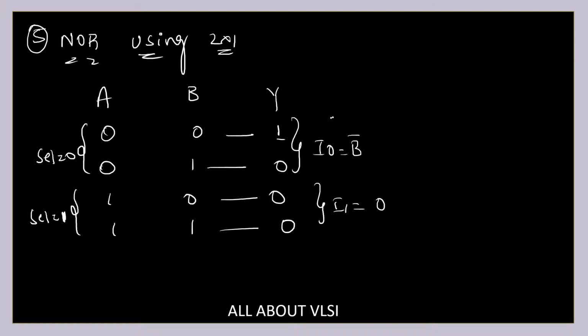Next, let's implement the XOR gate using 2 cross 1 mux.